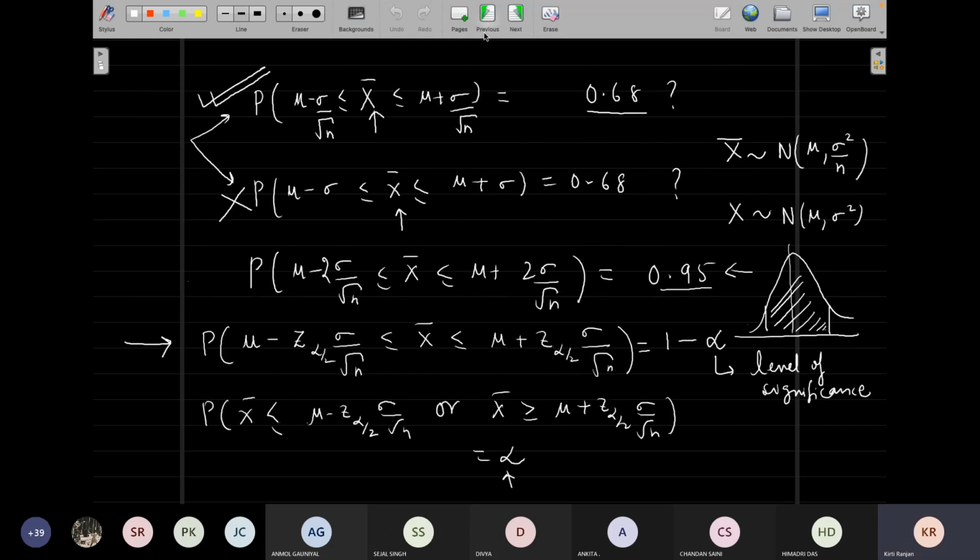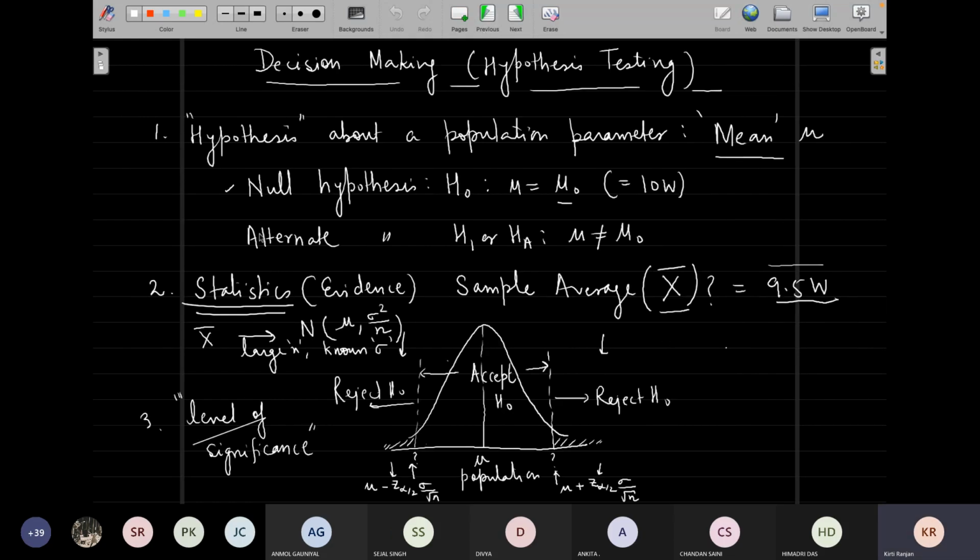So what did we do next? We just tried to dissect the various portions. Let's see what are the various portions we discussed. One is that decision making is about one hypothesis being started with, and that is what we are calling a claim. Here the hypothesis is about the population parameter mean.